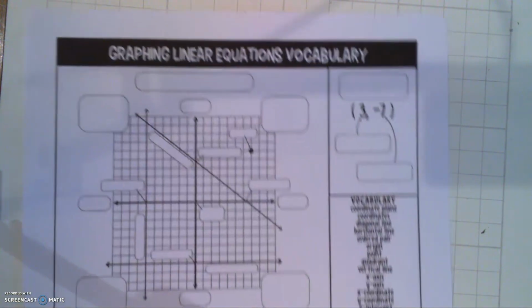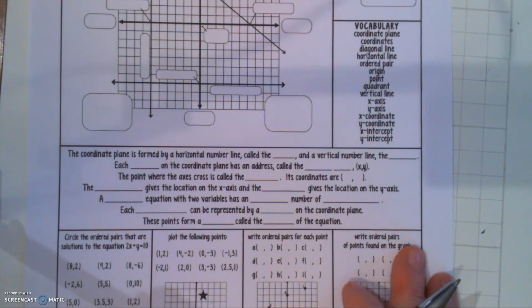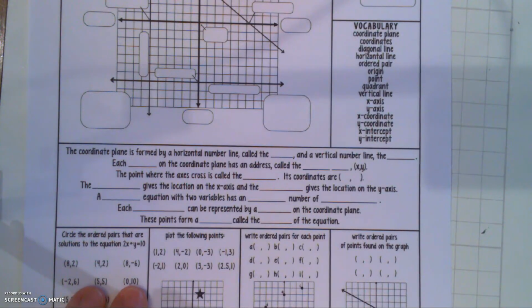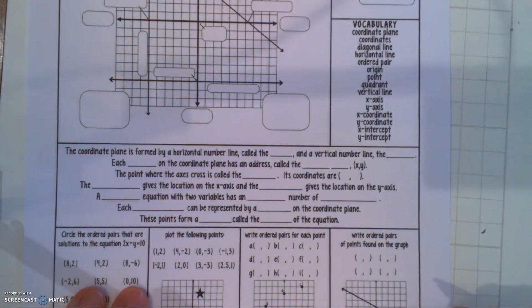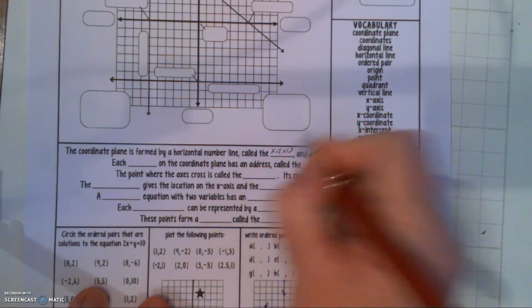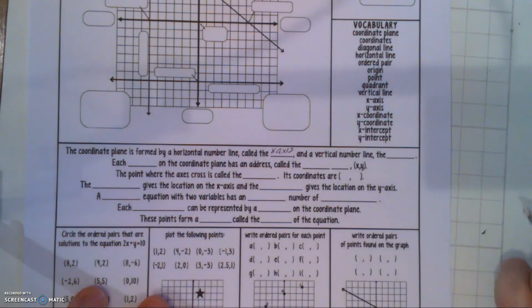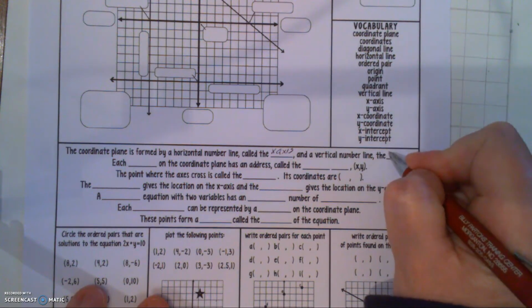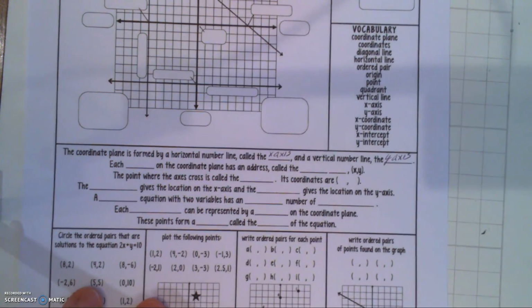Okay, I am going to fill in the bottom, in the middle, fill in the blank first, because I think this helps explain what you're doing up top. The coordinate plane is formed by a horizontal number line called the x-axis, which is this line right here, and a vertical number line, the y-axis, which goes from top to bottom.